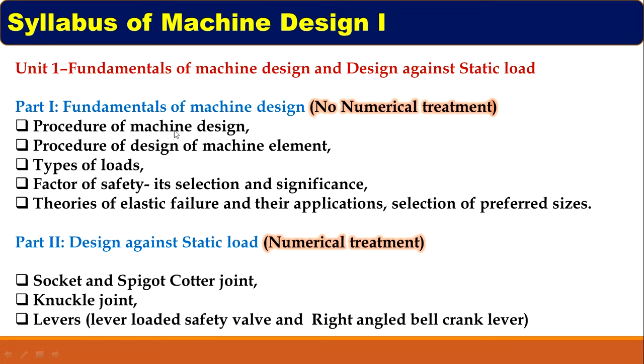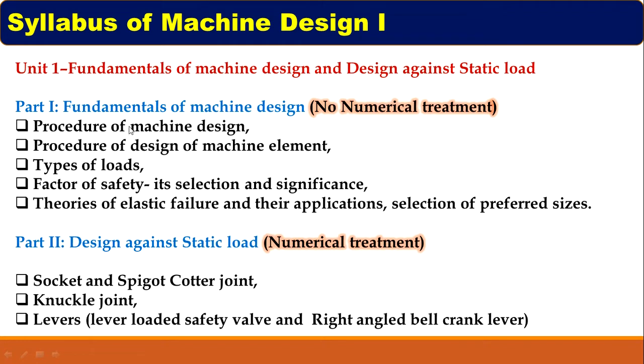Remember that this procedure of machine design consists of the steps starting from defining the specification of product to the final testing of prototype and finalizing the assembly drawings. But design of machine element is one of the sub steps in the procedure of machine design.